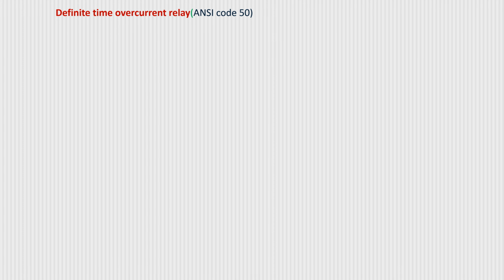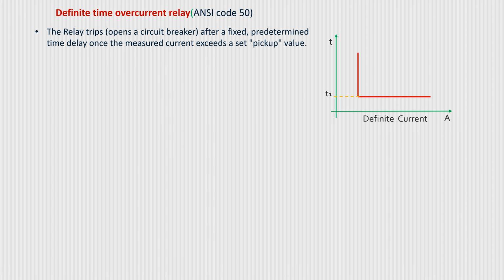Definite time overcurrent relay. The relay trips, opens a circuit breaker, after a fixed predetermined time delay once the measured current exceeds a set or pickup value.